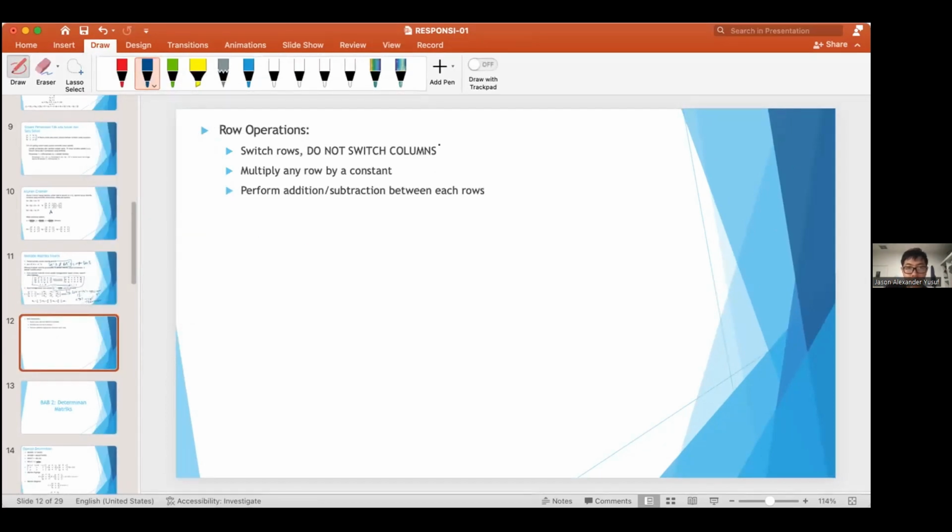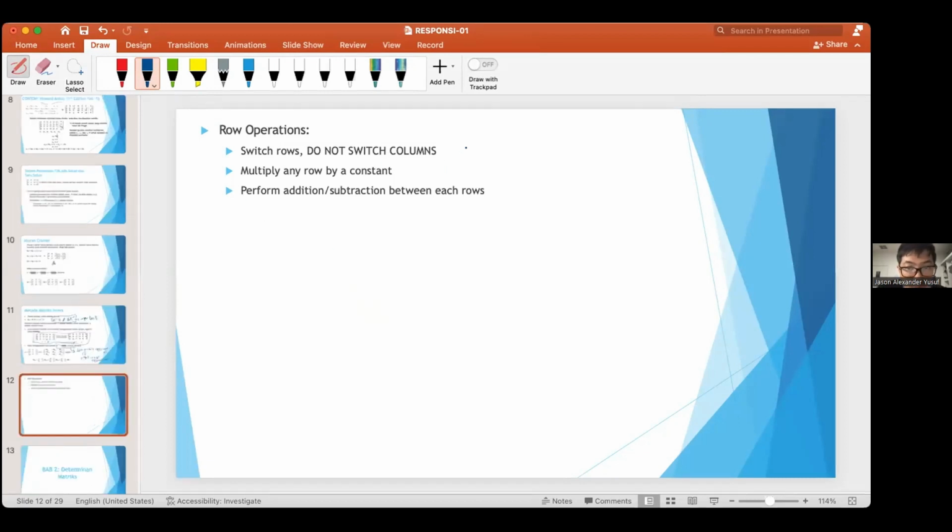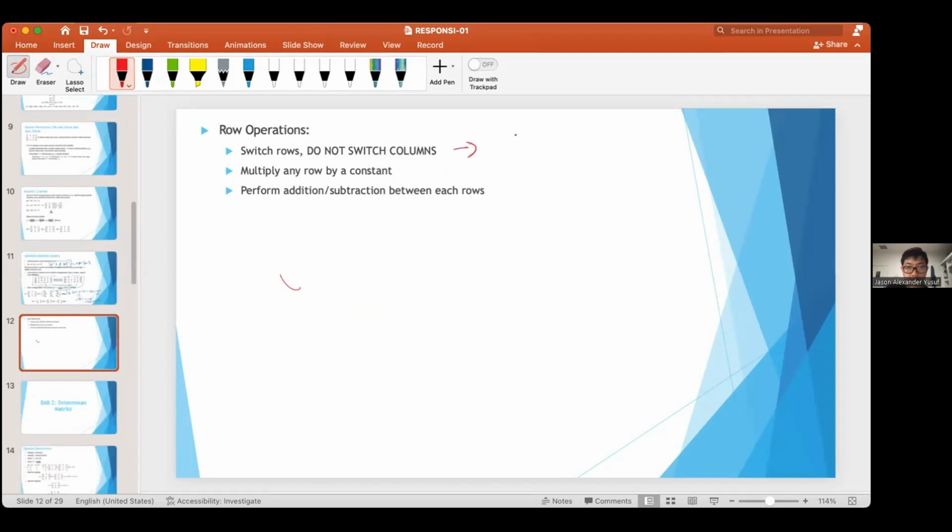For this one, this is the symbol. What happens is, let's say we have A, B, C, D. If we were to do R1 to R2, it would be C, D, A, B. Now for this one, multiply a row by a constant.